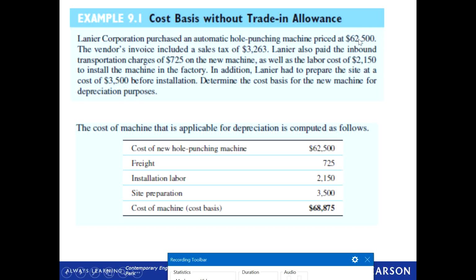So you don't have to put this tax separately, be careful, because the invoice already includes the sales tax.